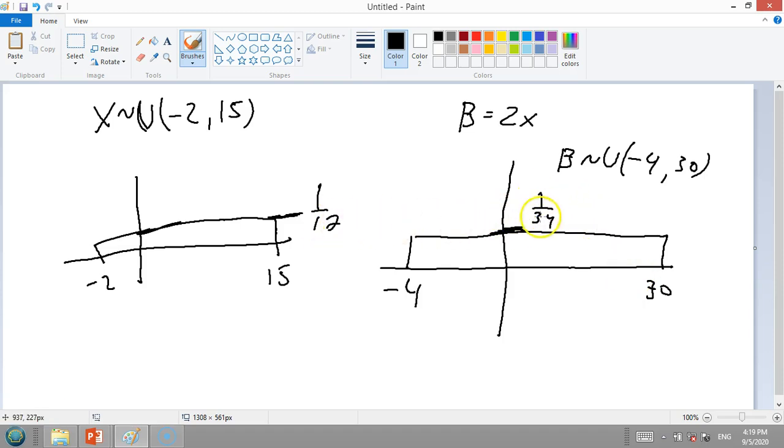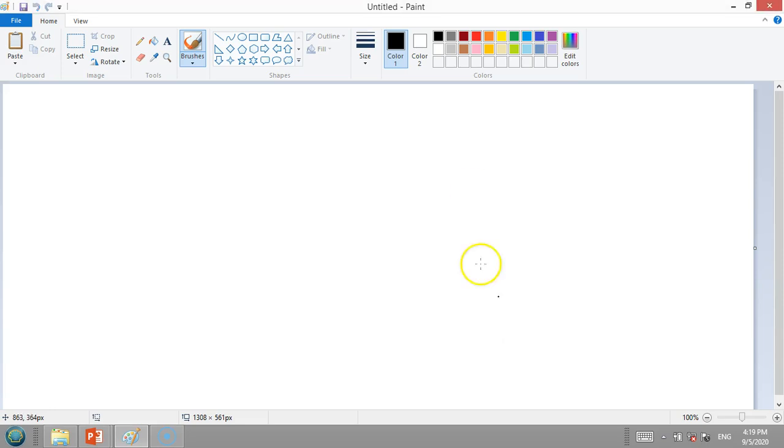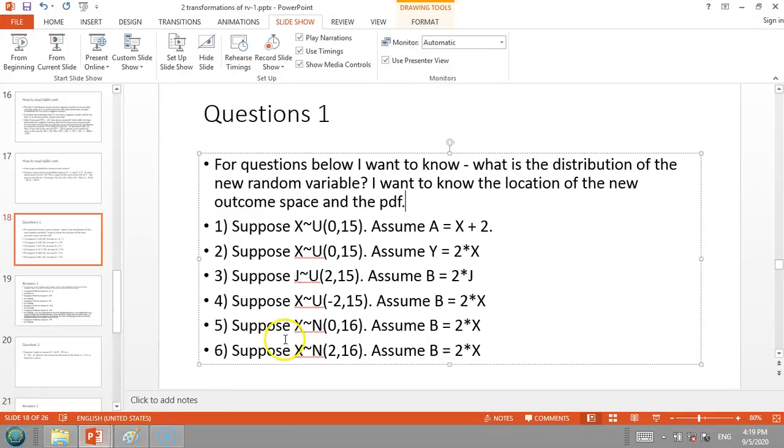Notice the height is twice as low as before. It's 1/17, so now it's half as low. If I draw it accurately, it should be here, something like this. Okay, moving on. So you guys are getting those. Not that hard, right?